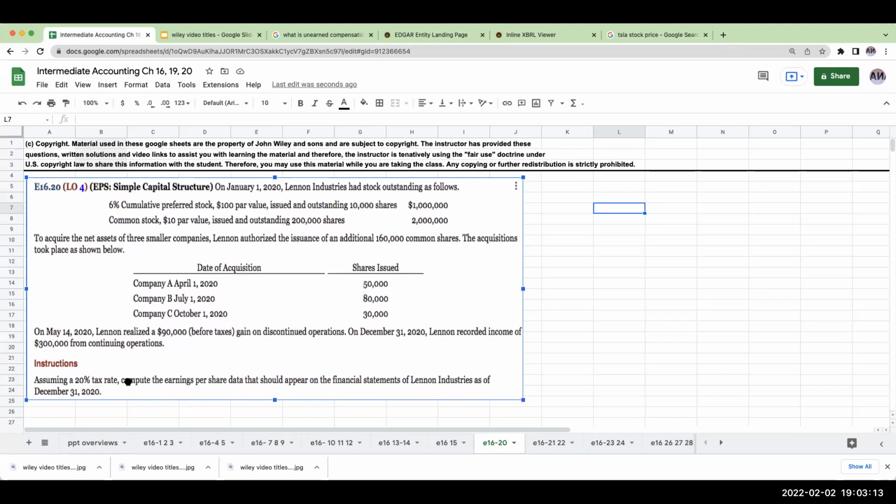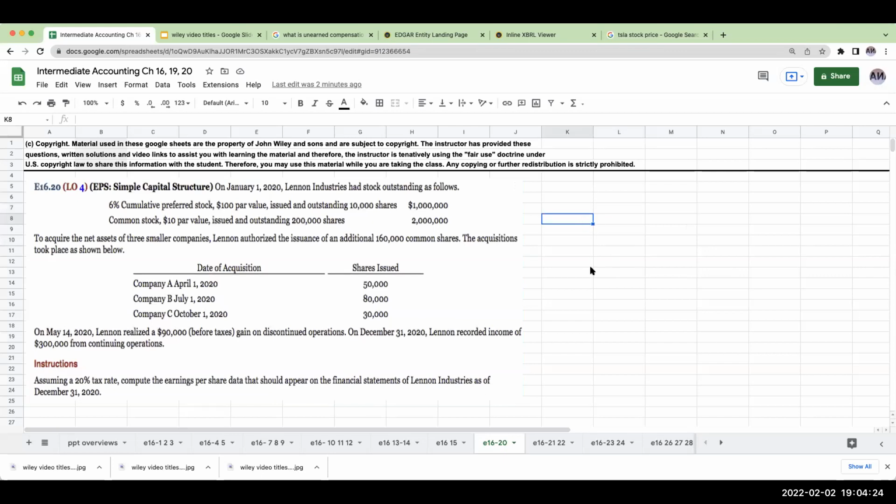Okay, so when we're looking at this particular situation, let's focus first on the weighted average shares outstanding. So just give me a moment. Okay, so to determine earnings per share, we'll do net income first.